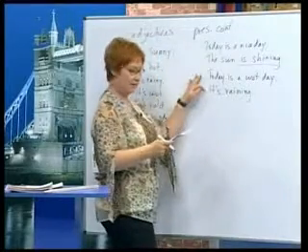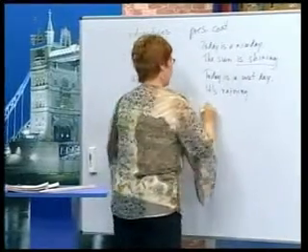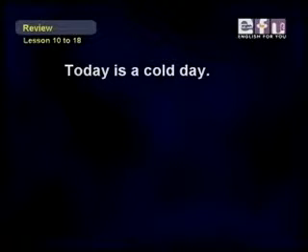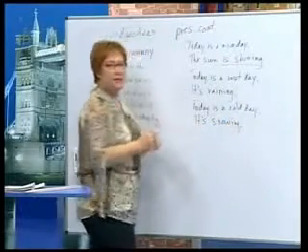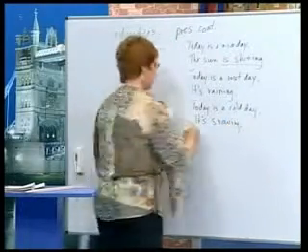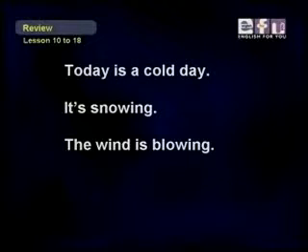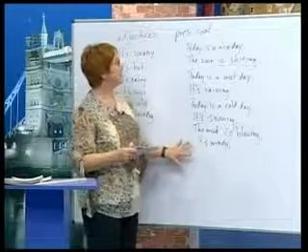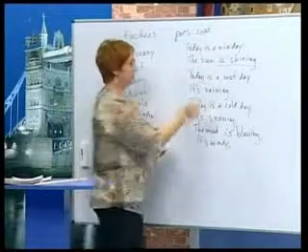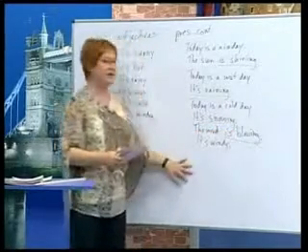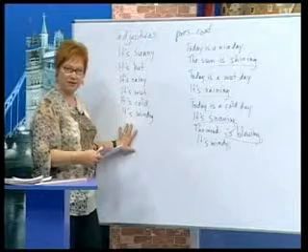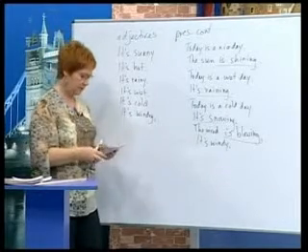Today is a cold day. It's snowing. The wind is blowing. It's windy. So these are ways to use the present continuous to talk about the weather, and then these are some adjectives that we can use to talk about the weather.